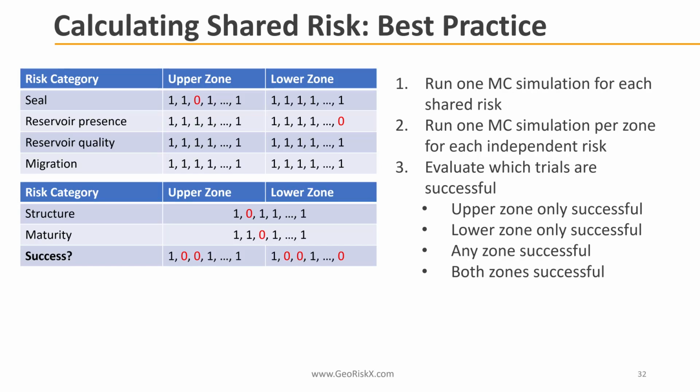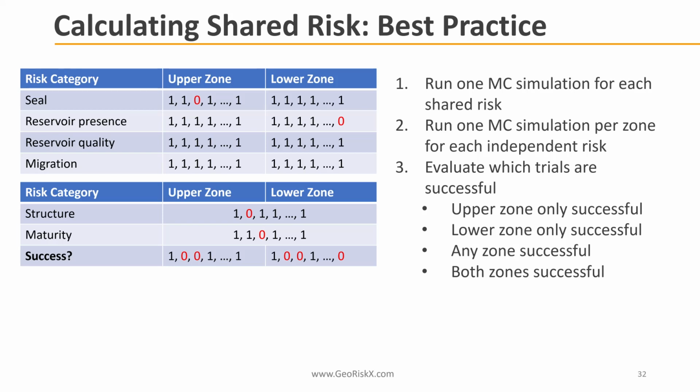So what we want to do is run a Monte Carlo simulation for each shared risk, a Monte Carlo simulation for each independent risk, and then evaluate which trials are successful. Looking at this in a very simple case, what is the chance of success for our upper zone, for our independent risk?